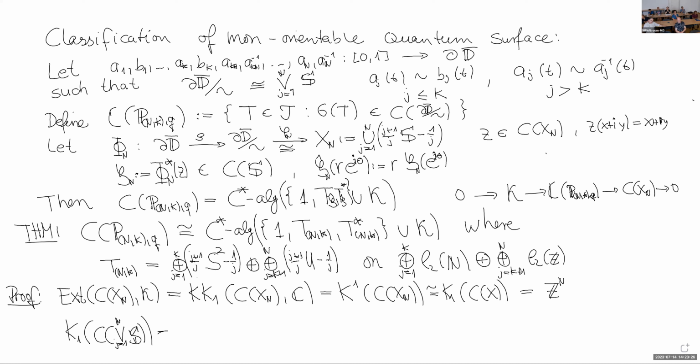I can take K theory of open intervals and compactify in one point. Now, K theory of the algebra with unit or without unit is the same thing. So I can write it as K1 of the sum of C0.